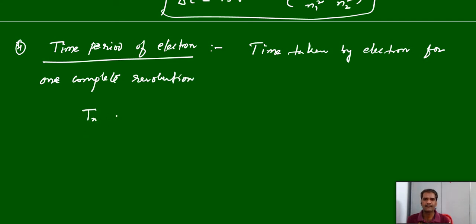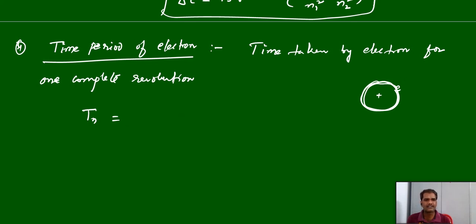Time period we can represent with Tn. For a complete revolution, we can take that here: one electron is there, revolving around the nucleus, one complete revolution, let us assume. Here time is equal to distance by velocity.